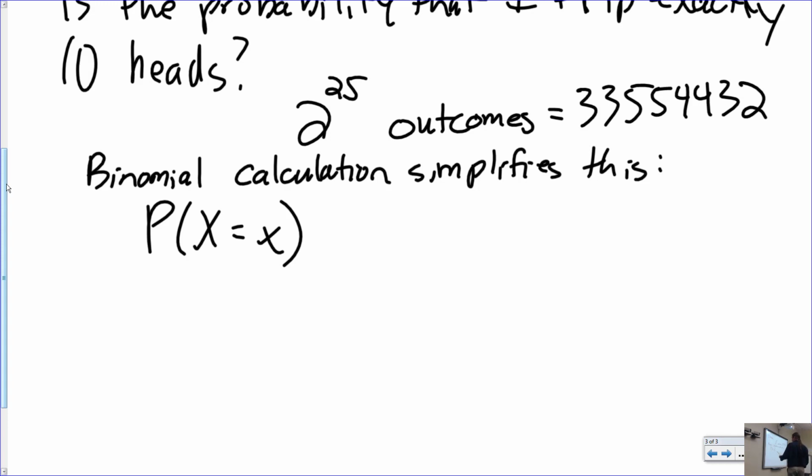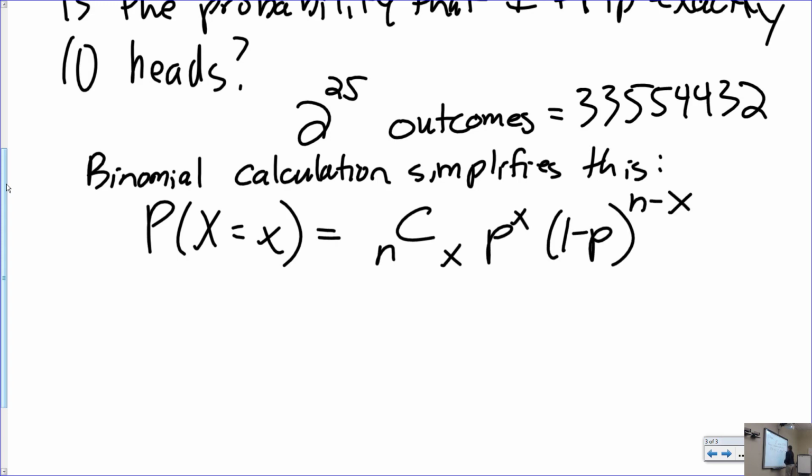So if you look at the binomial distribution calculation, what does it say for the probability that X equals x? It says it's this weird thing, nCx times p to the x times (1 minus p) to the n minus x. And now what do all of those letters mean?